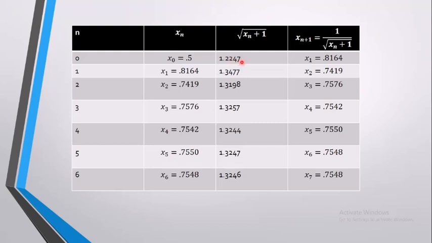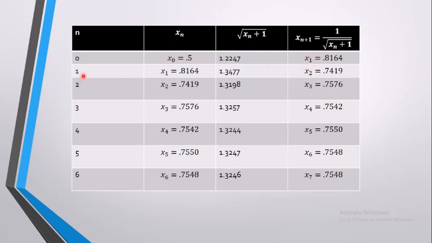Now you have to substitute this value in the denominator in the fourth column, and then you will get x_{n+1}, which in the first row is x1, equal to 1 divided by 1.2247. I get 0.8164. That is my x1.